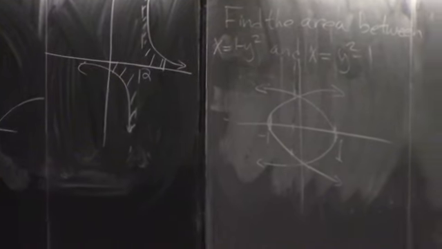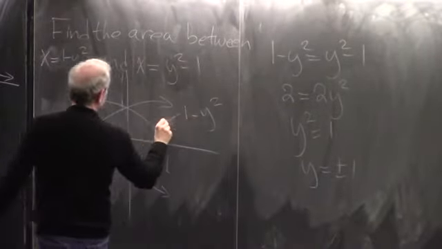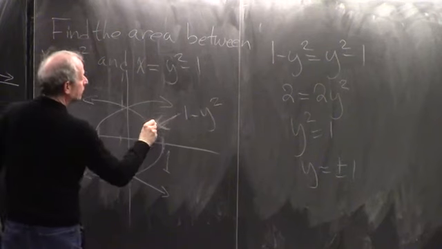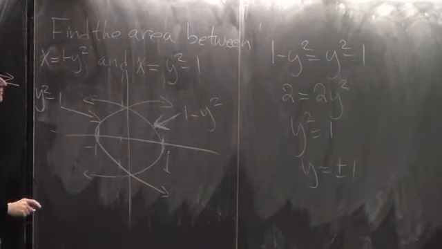So the right-hand curve, this curve, is 1 minus y squared. And this curve is y squared minus 1.